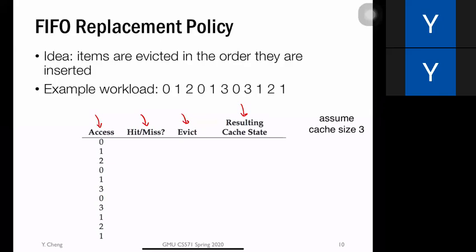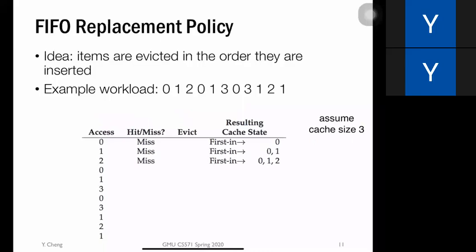And here, the assumption is the cache size is 3, which is relatively small, but large enough considering this example workload. Okay, so let's first take a look at the very first few workload memory accesses.